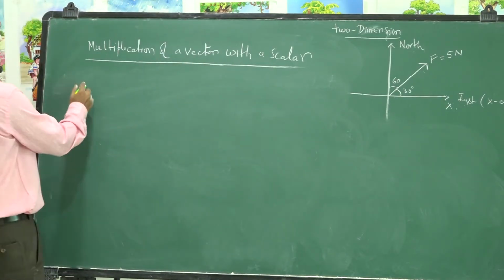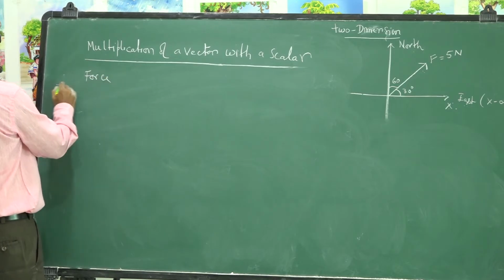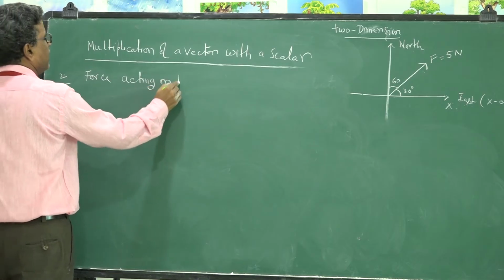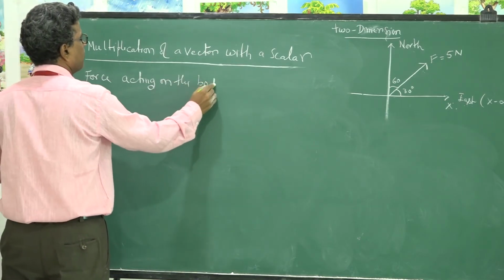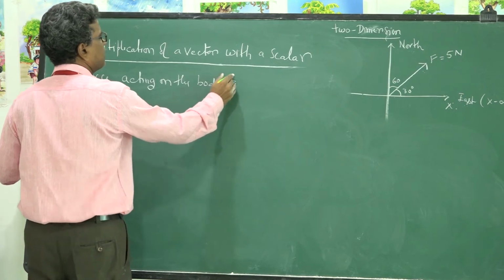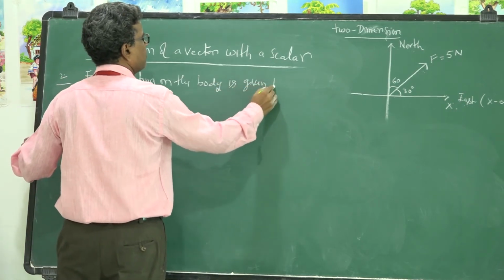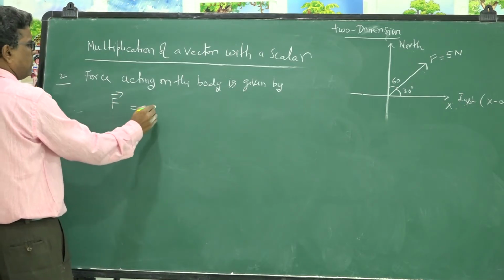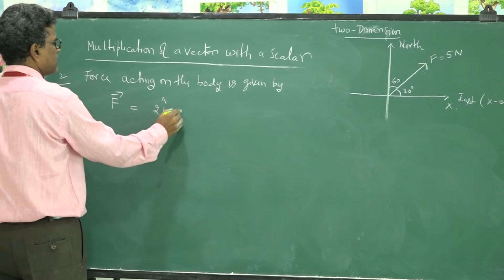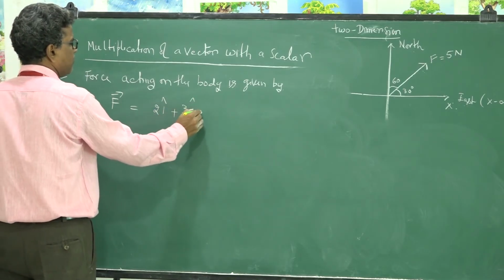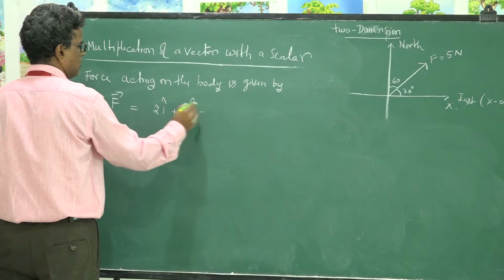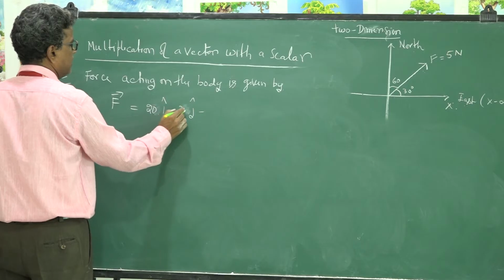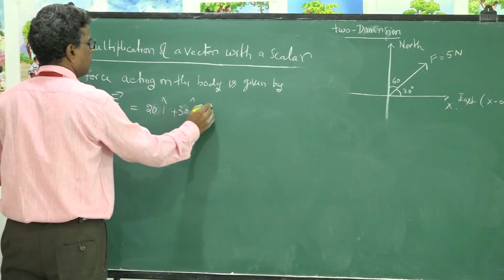Second example: the force acting on the body is given by F bar is equal to 20 i cap plus 30 j cap minus 5 k cap.